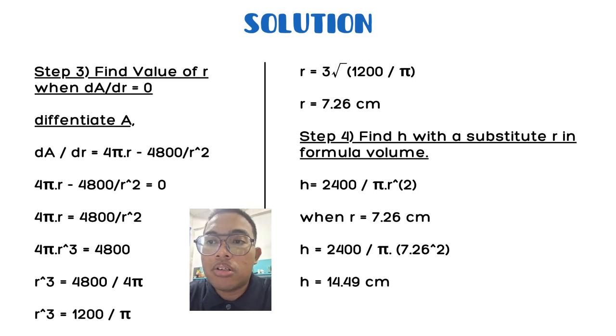For step 4, we find h by substituting r into the volume formula. h equals 2,400 divided by pi r squared.